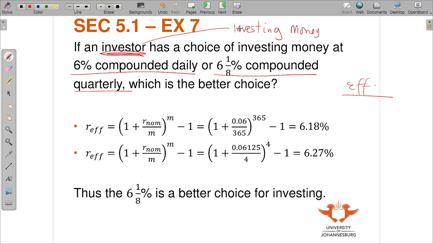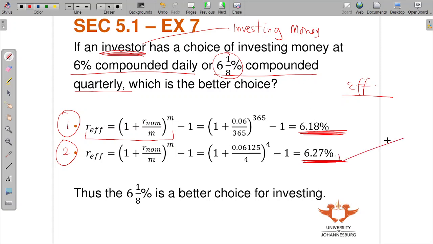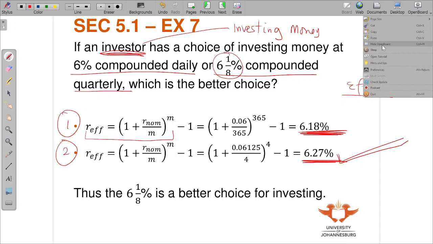And since we are investing money, we must choose the highest effective rate. The first one, 6% we change to the effective rate using this formula, and we get 6.18%. The second one, we change to the effective rate and get 6.27%. Because we are investing money, we have to choose the highest one. Please take note of the formula and ensure that you understand.